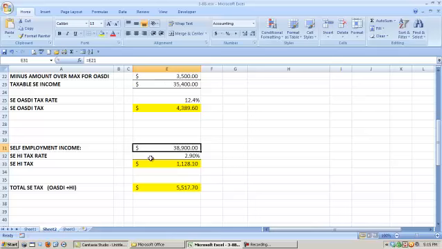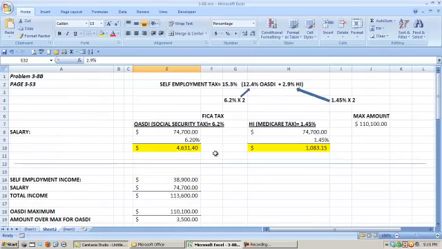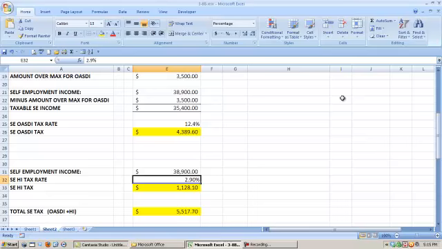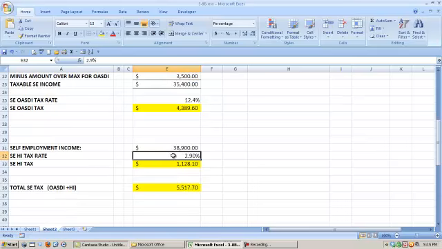So we multiply that by this 2.9%. And remember, this 2.9% is double the 1.45% that we used in the first part of this problem, because we're calculating the self-employment tax, he has to pay both the employer and the employee halves. So we're looking at 2.9% times $38,900.